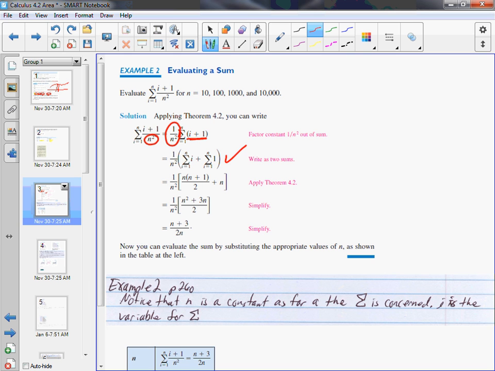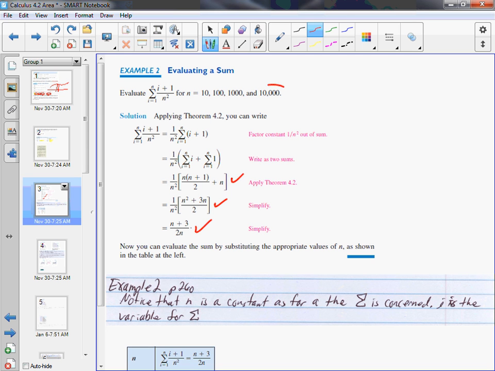There's a formula that turns that into that, and a formula that turns that into that. So that gets us this far. Then you do a little arithmetic inside the bracket. Then you multiply by 1 over n squared. Can you work with that formula?